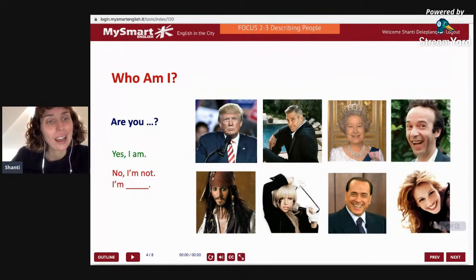So I'm going to think about one person that you can see in the pictures. In the pictures, we have Trump, we have George Clooney, we have the Queen of England, Queen Elizabeth, we have Roberto Benigni, we have, oh my God, what's his name?